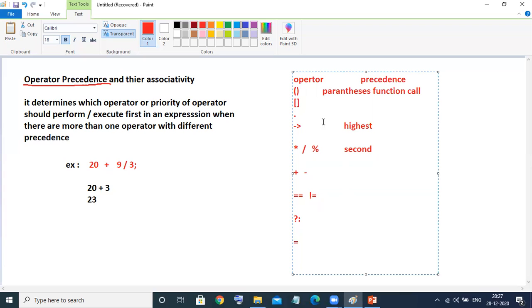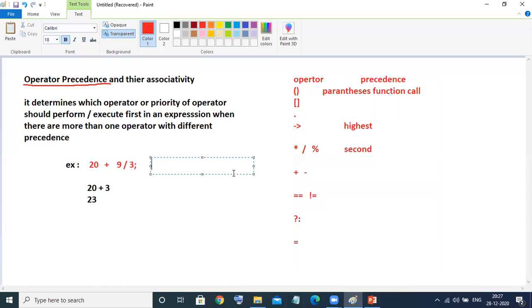On the topmost, if any bracket is there, for example, instead of this expression, if the expression is in brackets, 20 plus 9, then bracket, then division by 3, the result would be different.